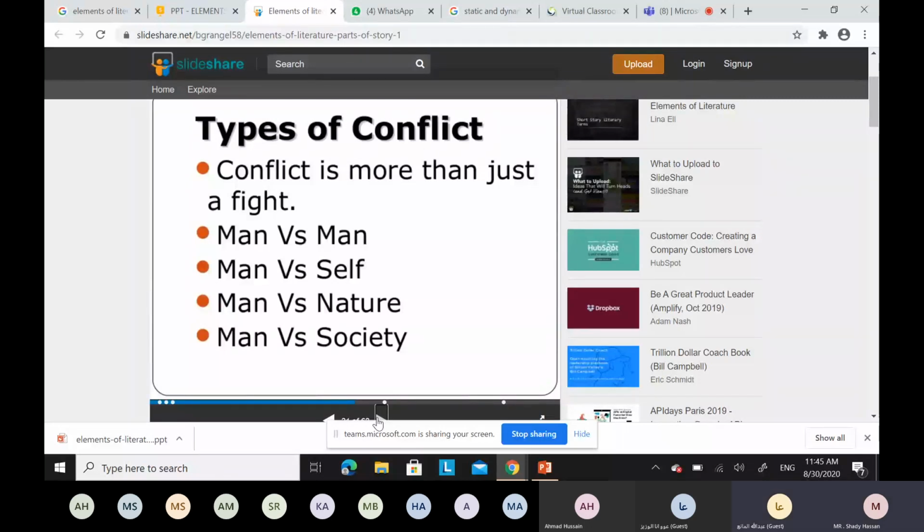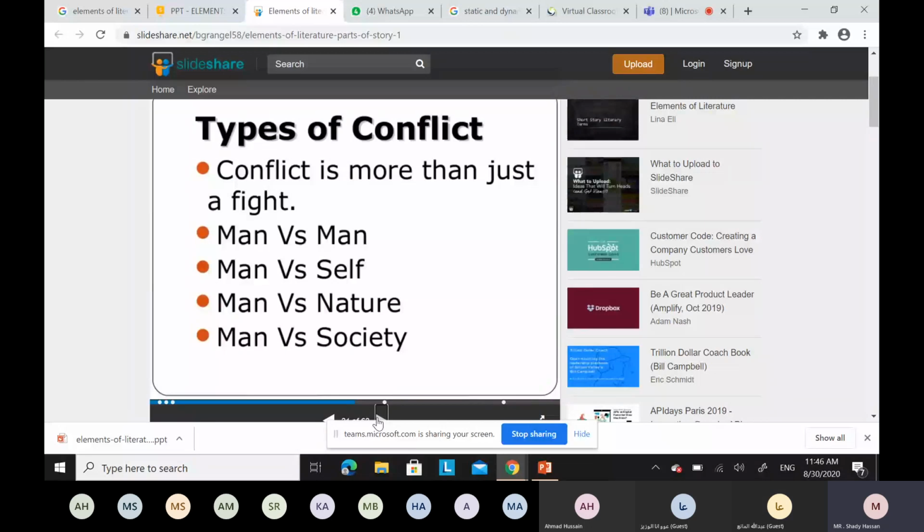For example, when we read Hamlet, the drama by William Shakespeare, we're going to find that Prince Hamlet has a struggle inside himself. He's thinking of committing suicide, killing himself, but he hesitates because of what? Because he's telling us that no one went to the hereafter, the life after death, and came back to tell us what's there.